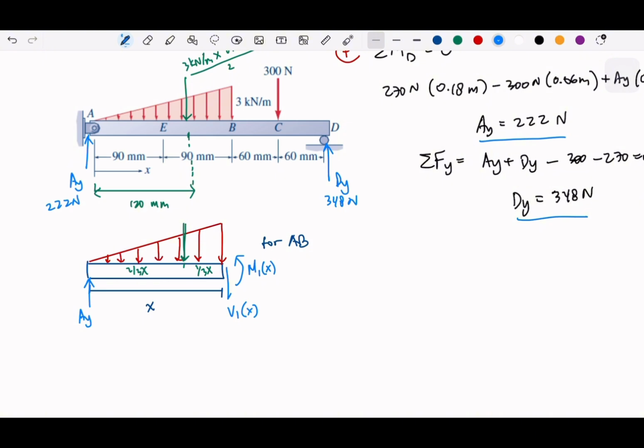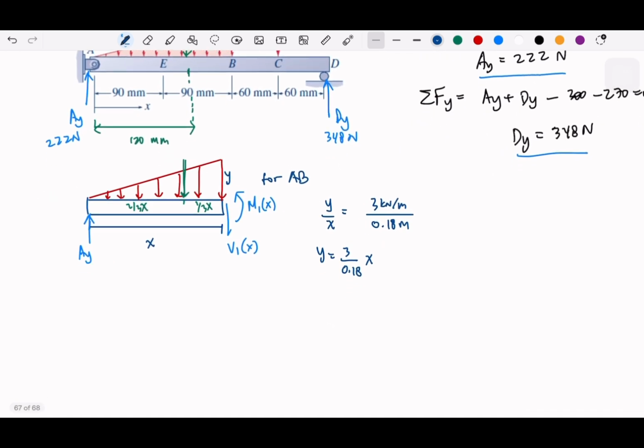Let's say this is y. We can use the triangular ratio. So y/x will be equal to 3/0.18 meter, because they are the same triangle. So y is 3/0.18 x.